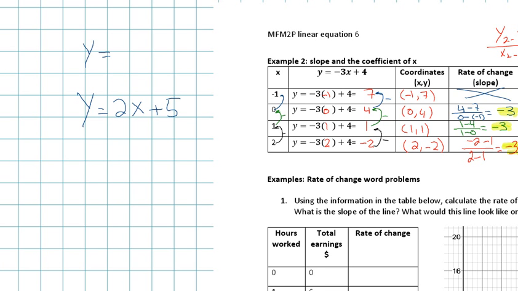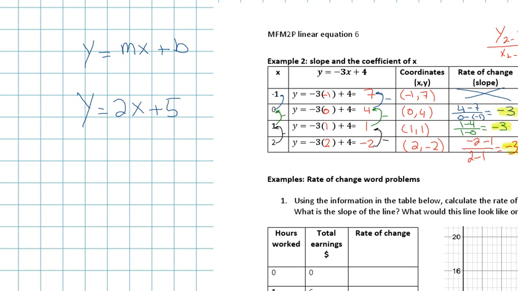Now sometimes that number doesn't exist, it's fine. But I should have an x with a number in front of it. So this is an equation of a line. What's the slope? 2.